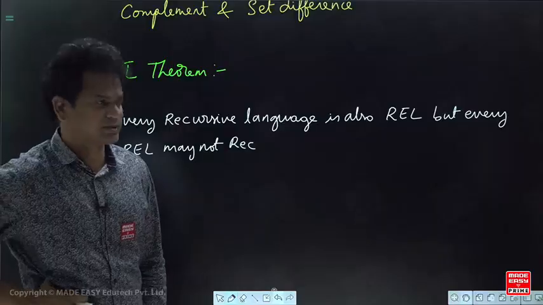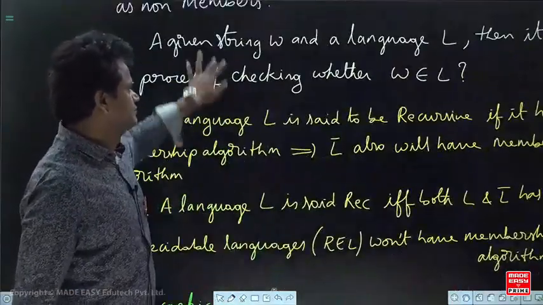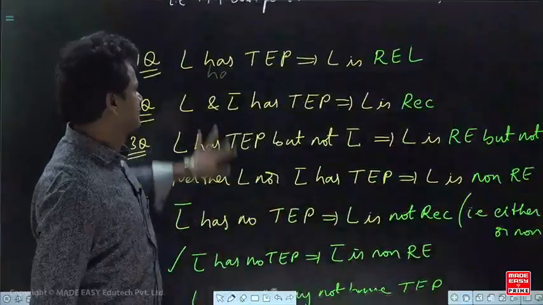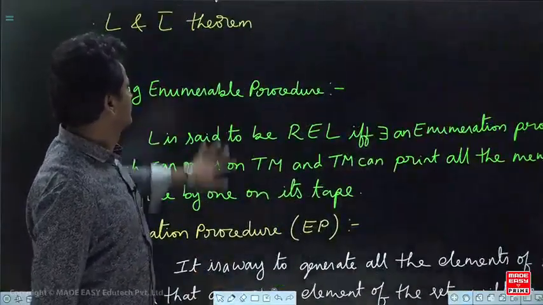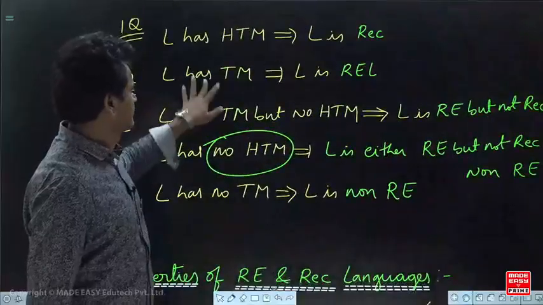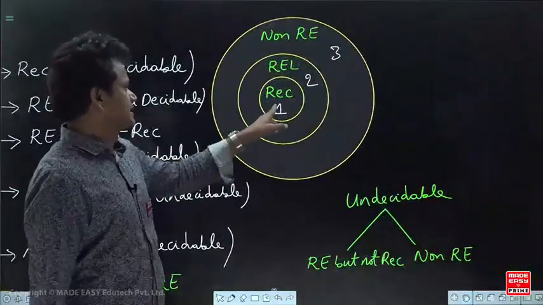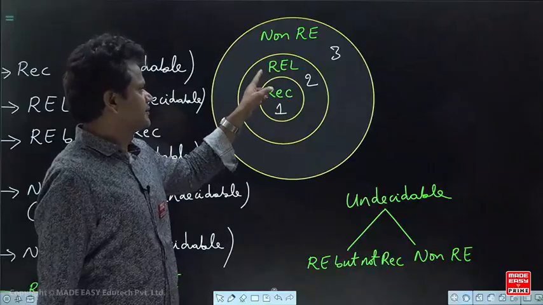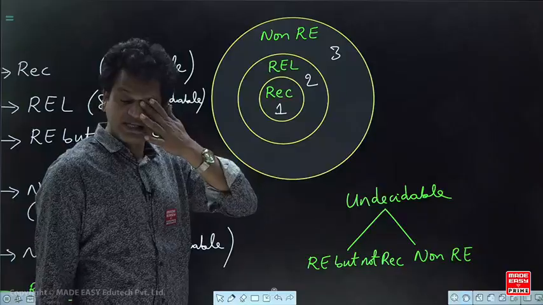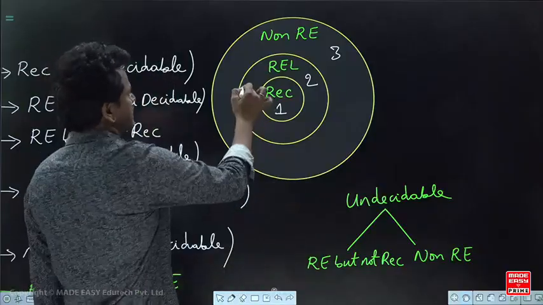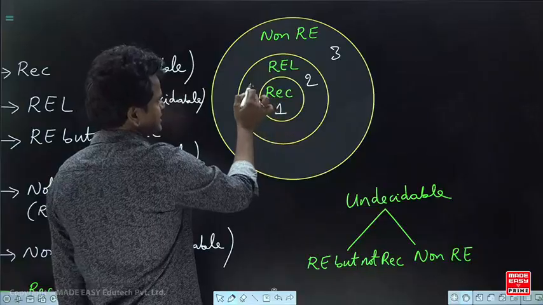Every REC is also RE, but every RE may not be REC. Suppose a language is here, not in this small circle, but in the second circle.